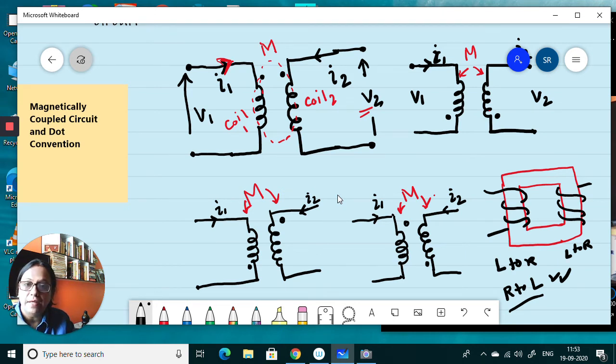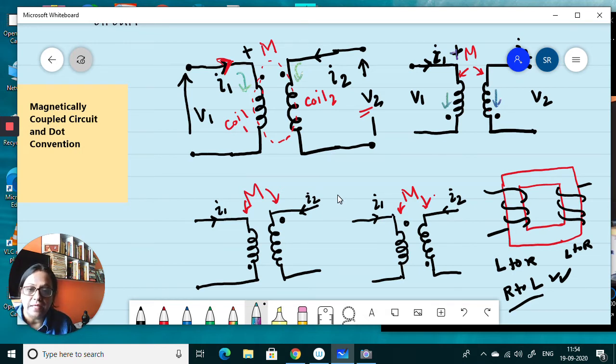So here M will be positive. The same thing when both currents are leaving the dots: then the mutual inductance will be positive. So in these two cases, where both currents are entering the dots or both are leaving the dots, the polarity of M will be positive.